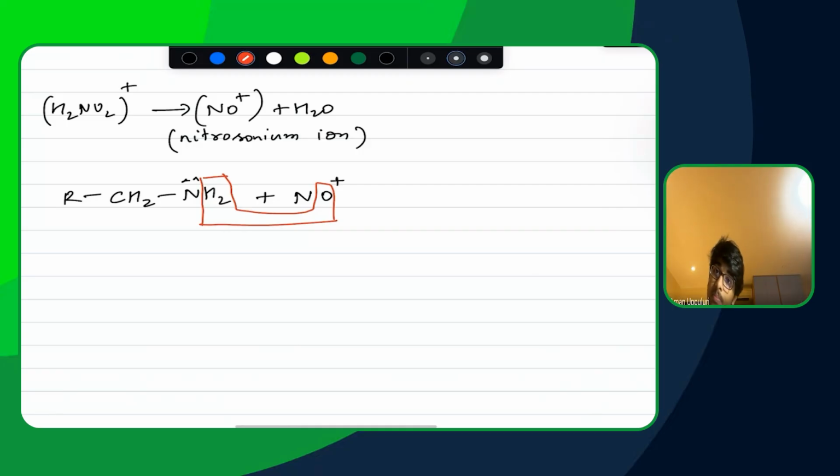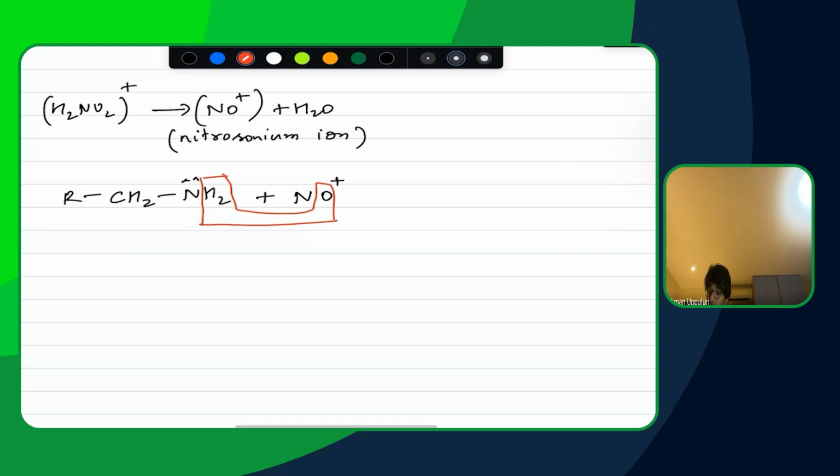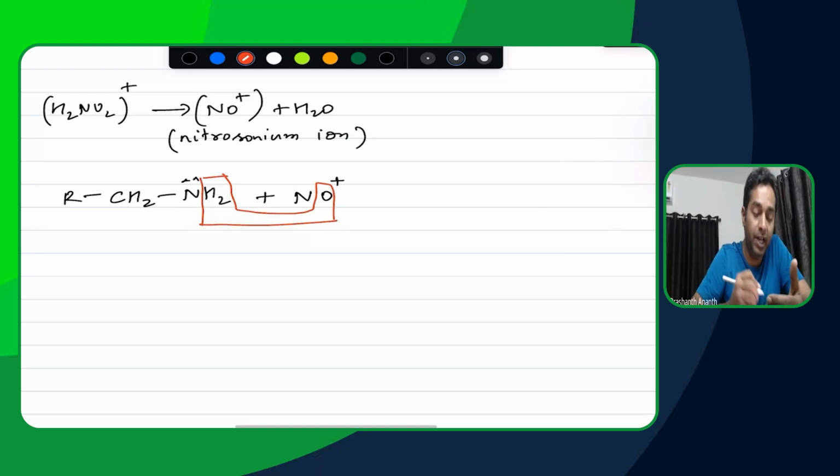Forget about how the mechanism goes. This is not a one-step reaction. It will happen in a bunch of steps sequentially, and we will have this H2O getting eliminated.